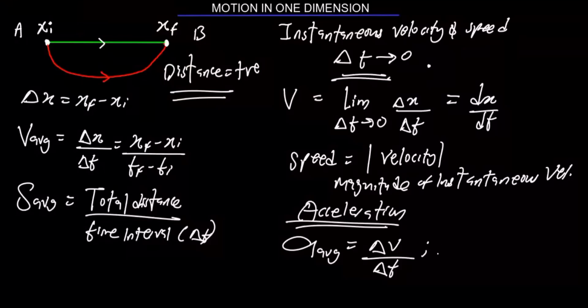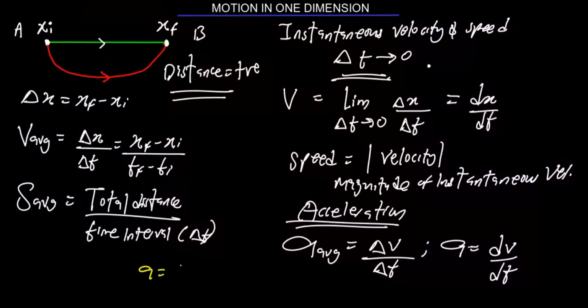And what is instantaneous acceleration? Remember, instantaneous acceleration will simply be called acceleration, and it will be equal to dv/dt. Just like the way this one changed to dx/dt, this one changed to dv/dt. And take note of something, guys.